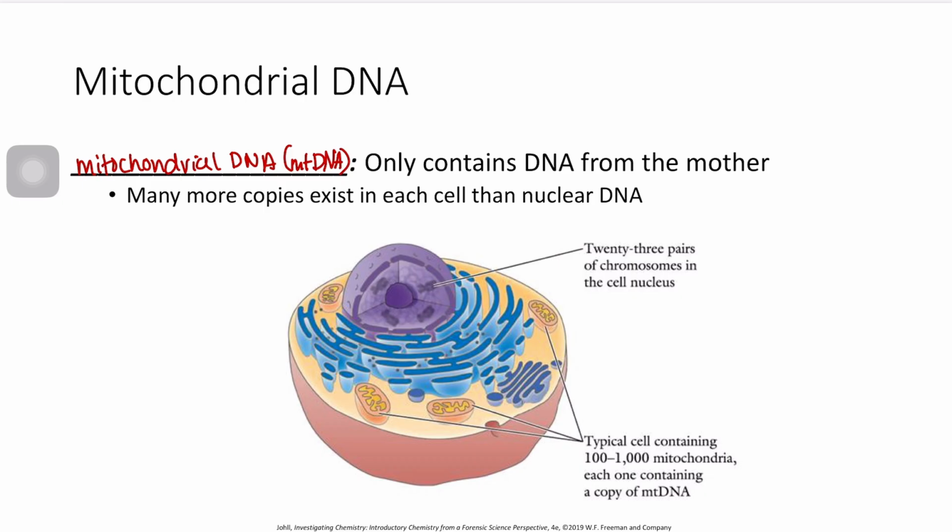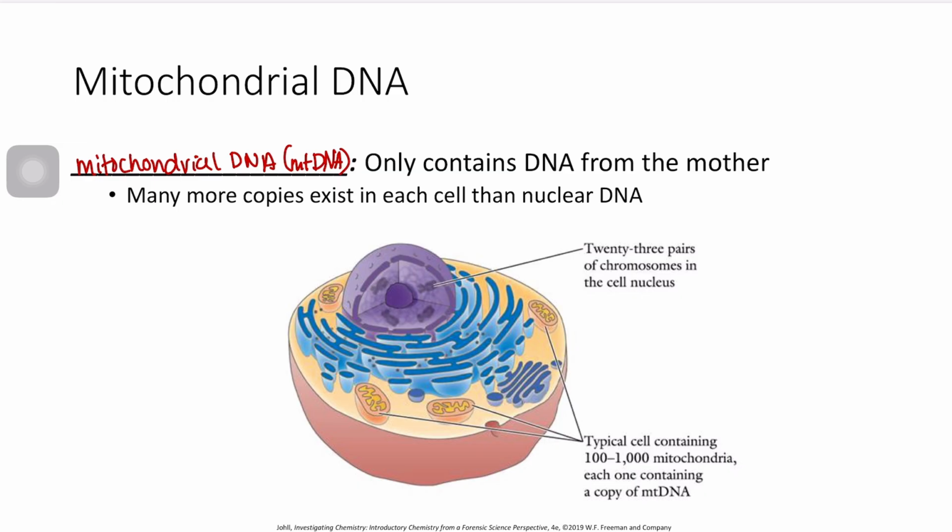Now, there are so many more copies of mitochondrial DNA in each cell. It makes it a lot easier to recover a usable sample, even with a scarce amount of DNA molecules. So it increases the odds of obtaining a usable sample.